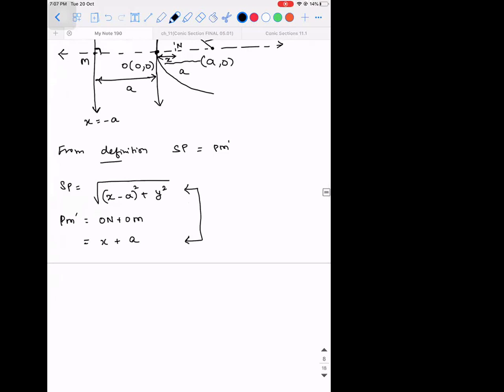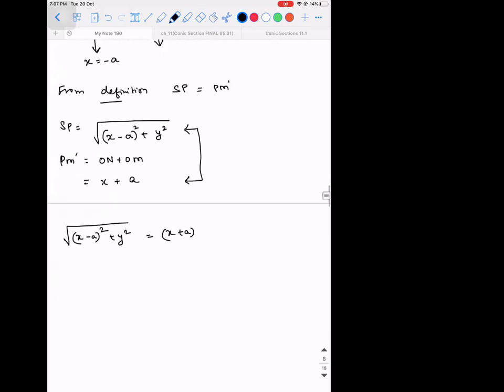Since SP is equal to PM dash, can I write root of (x minus a) the whole square plus y square is equal to x plus a? When I square both sides, we get (x minus a) the whole square plus y square is equal to (x plus a) the whole square. So y square will be equal to (x plus a) the whole square minus (x minus a) the whole square. What is (a plus b) the whole square minus (a minus b) the whole square?